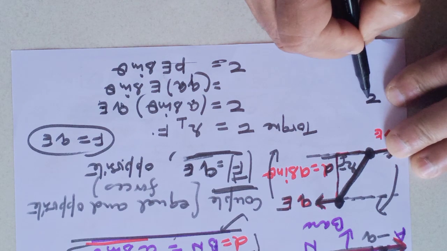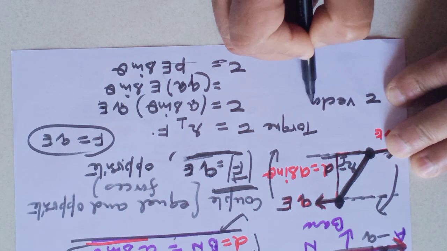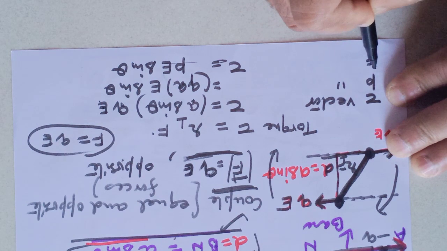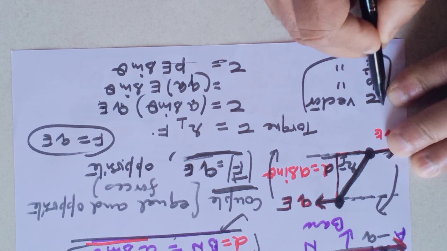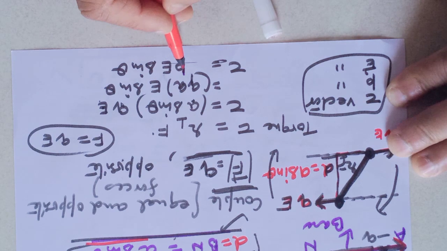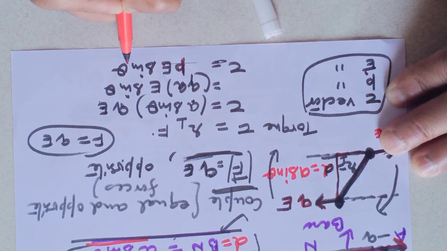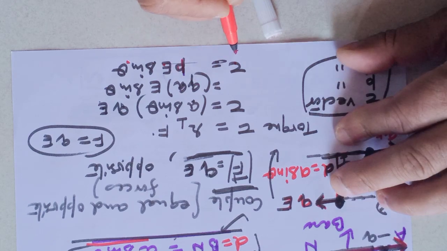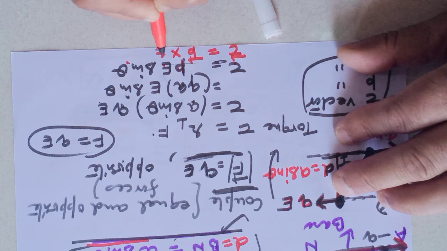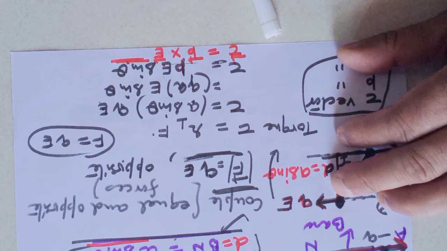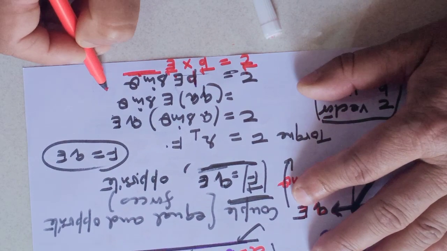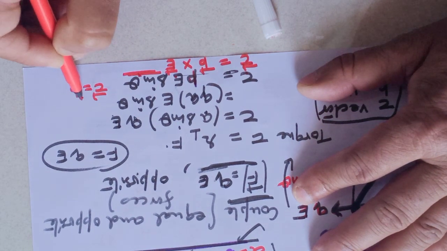Now torque is a vector quantity, P is a vector quantity, E is a vector quantity. These three are vector quantities. The product of P and E with sine theta is tau, so this is nothing but tau is equal to P cross E. Whenever there is sine theta in the product of two vectors, it will be a cross product.